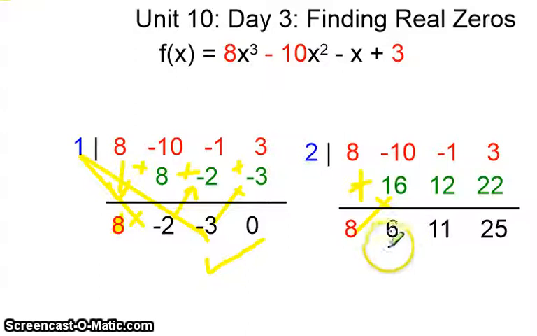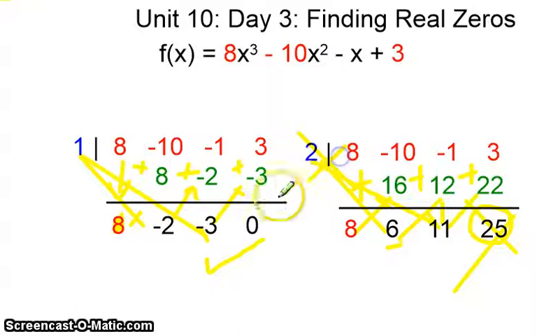Negative 10 plus 16 is 6. 2 times 6 is 12. And then negative 1 plus 12 is 11. And then 2 times 11 is 22. And 3 plus 22 is 25. Since it's not 0, that tells you this cannot be a 0 of our polynomial.